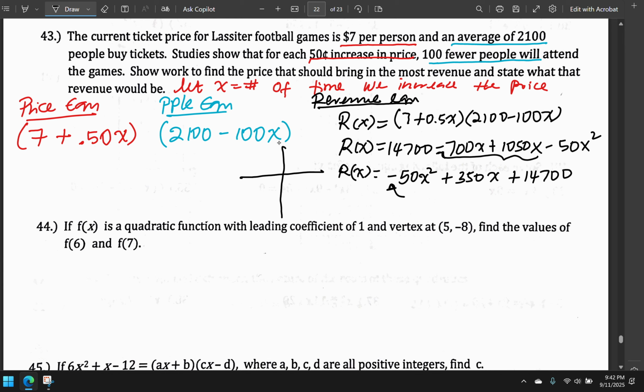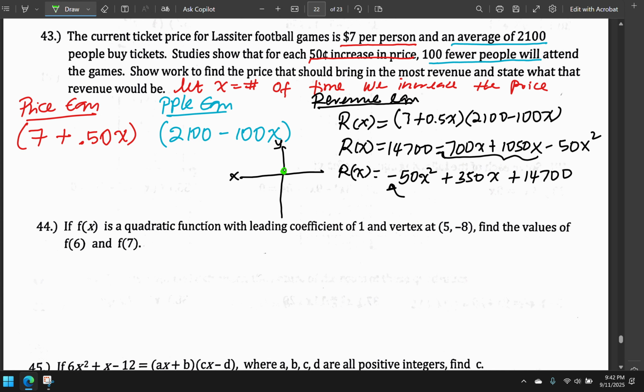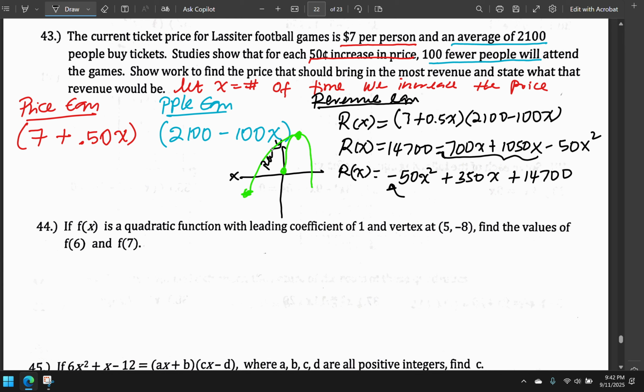So I'm going to try to sketch this over here, right? We would have a graph that sort of looks like this. What we are focusing on is the vertex of that graph. Why are we focusing on the vertex, you ask? Because the vertex gives us crucial information. The y-axis is how much money we make, so the y-axis is really revenue. The x-axis is the price.